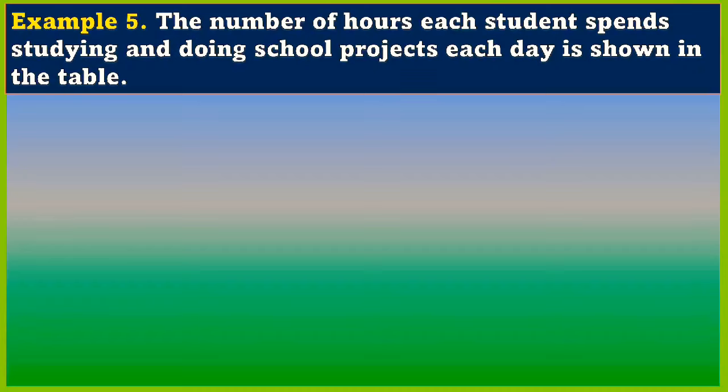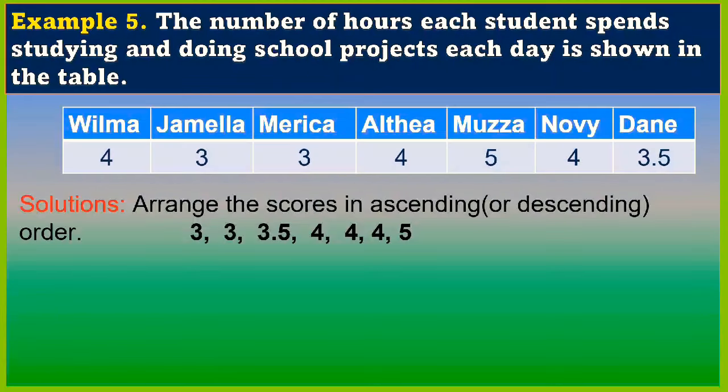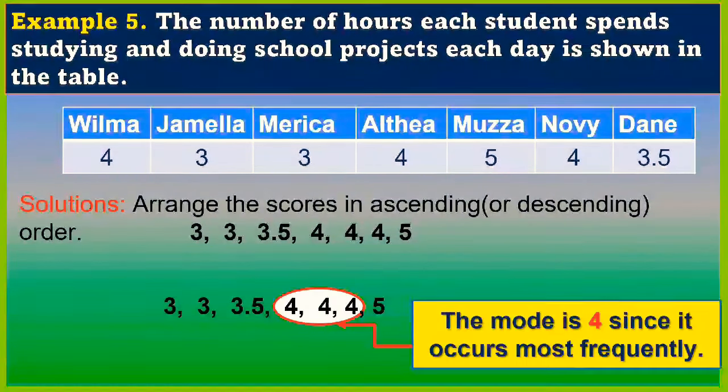The number of hours each student spends studying and doing a school project each day is shown in the table. Upon arranging the scores and identifying the mode, the data that occurs most frequently is 4. So therefore, the mode in this set of data is equal to 4.